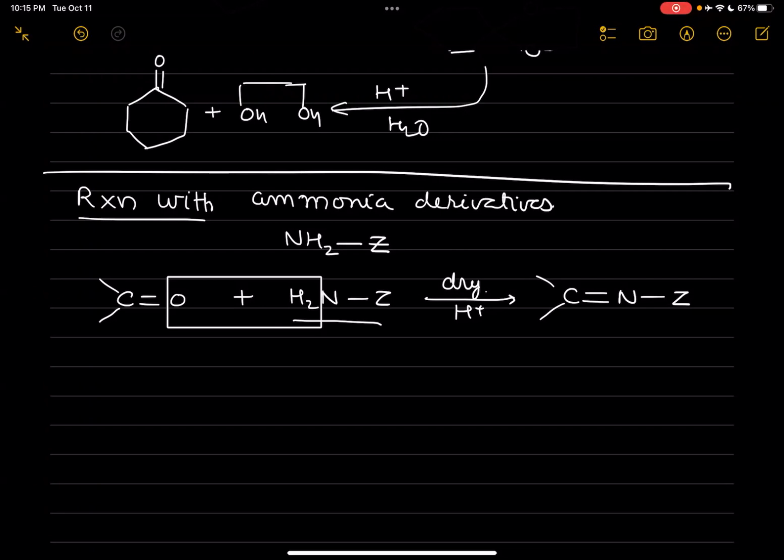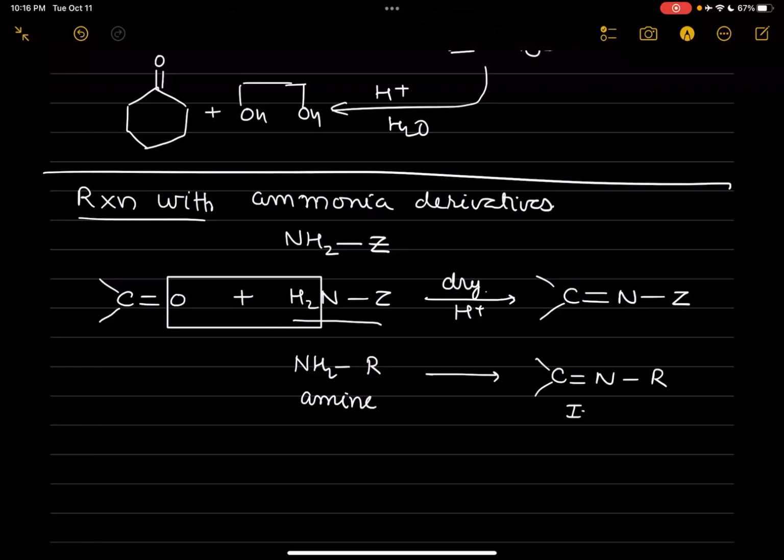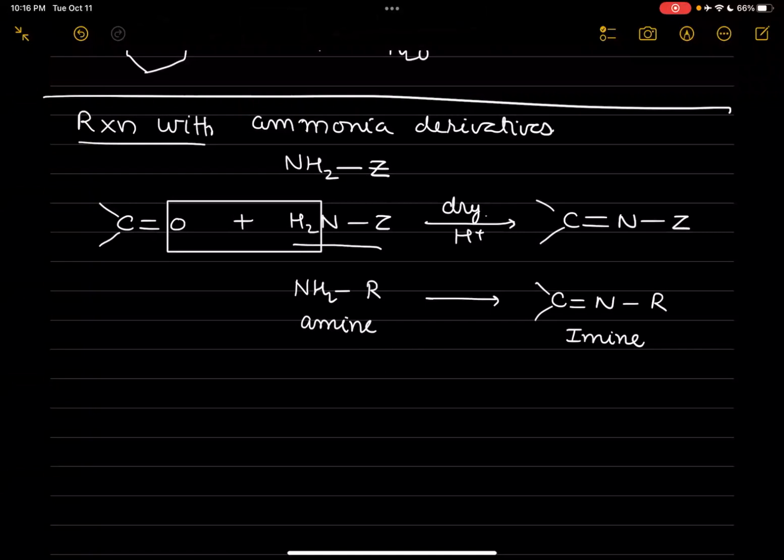So meantime, we can do that. NH2, suppose if you have an alkyl group, this is called amine, right? And the product will be N and R. That will be amine, right? Yes, sir.